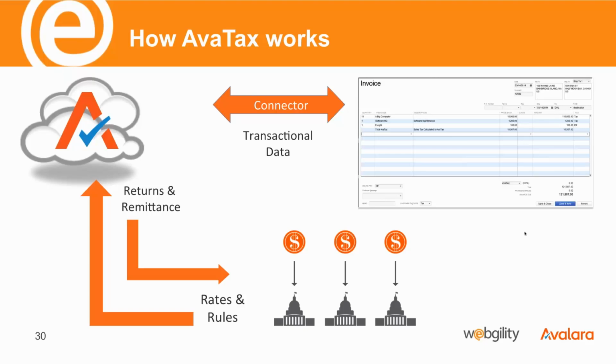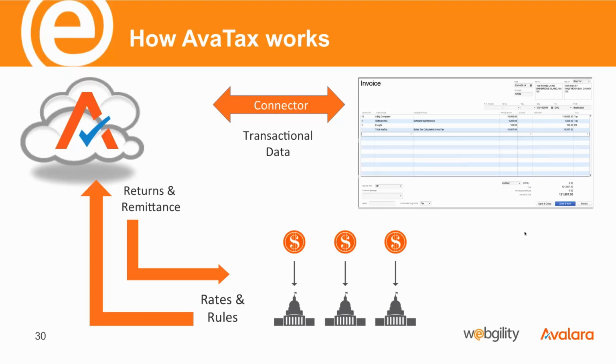And so say you're filing in 5 states, we show you your total tax liability across each of those jurisdictions and give you a single amount that you remit to us. We then file the returns and remit the funds directly to the states on your behalf.